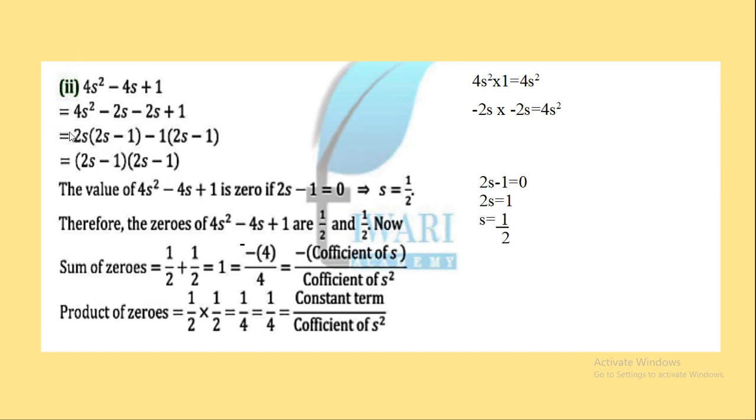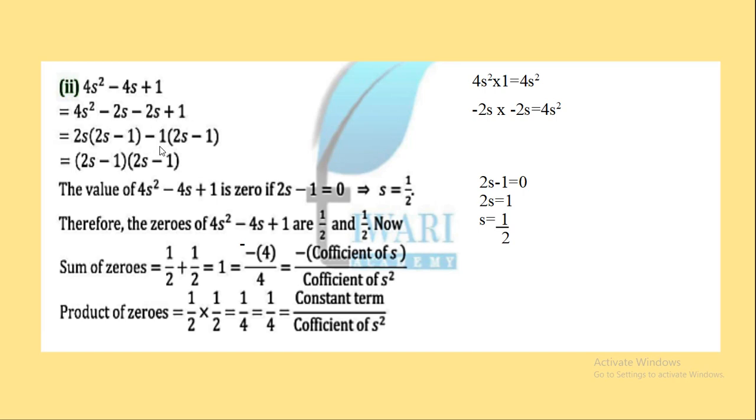Okay. Next, we are taking 2s outside from this 4s square minus 2s. Taking 2s outside, we will get 2s into 2s minus 1. And now we have to make this minus 2s plus 1 as the 2s minus 1, so we can take minus 1 outside.